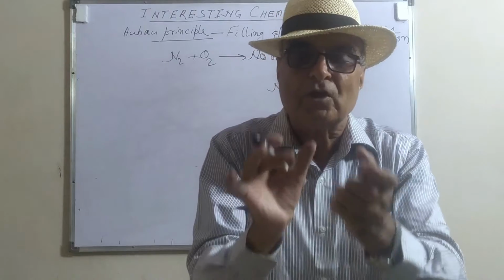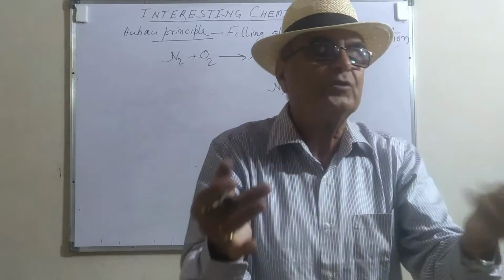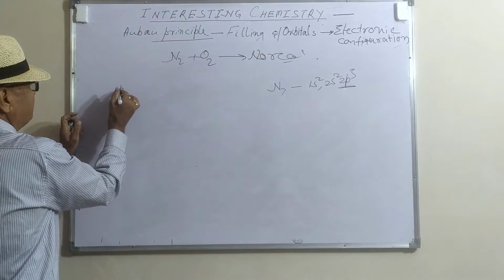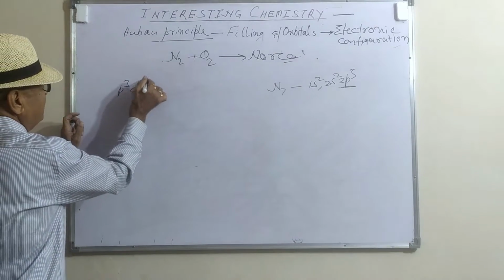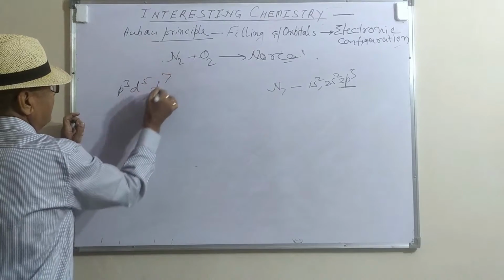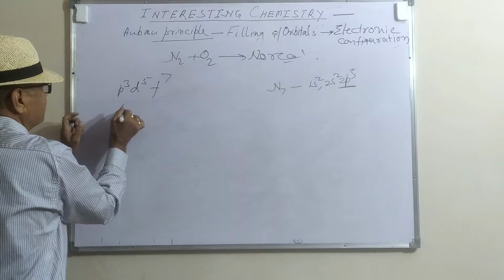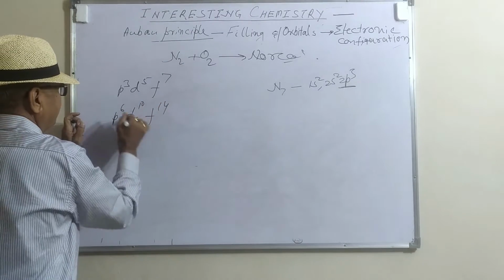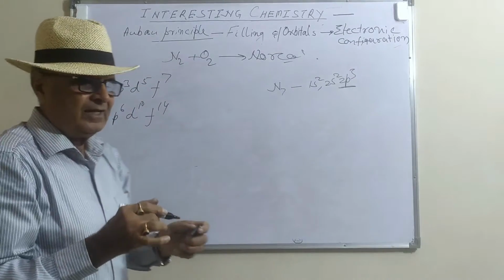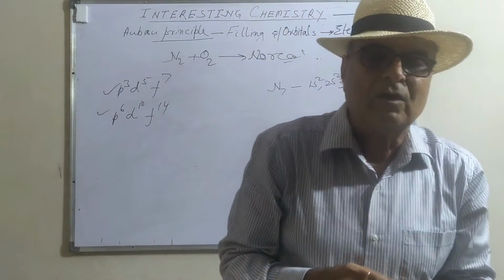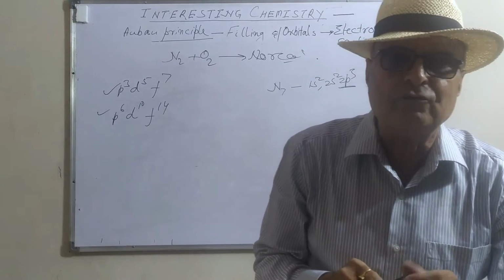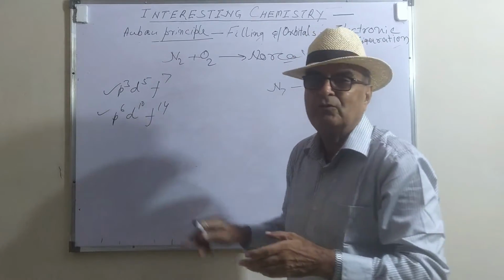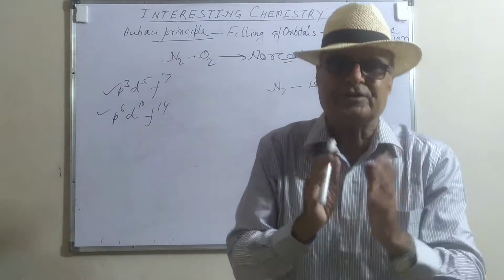Half filled and fully filled configurations are like p3, d5 and f7, or p6, d10 and f14. Whenever you find these states p3, d5, p6, d10, f14 in an electronic configuration, they have more stability.